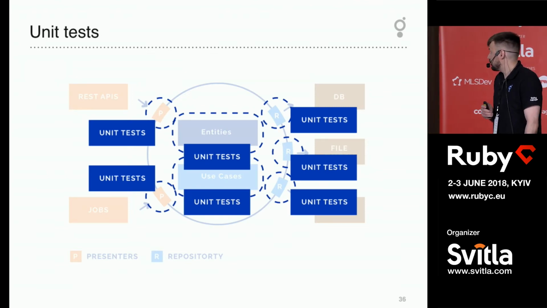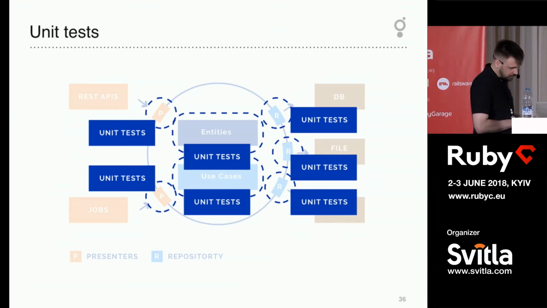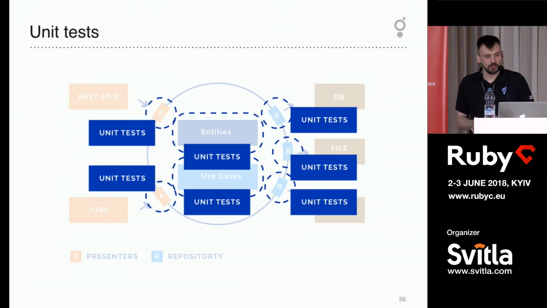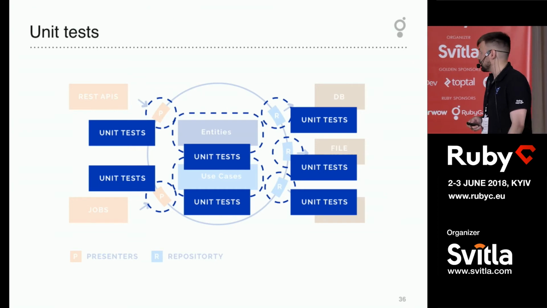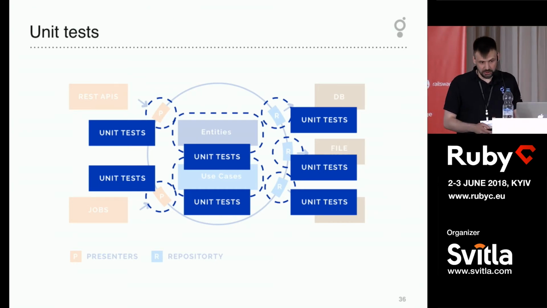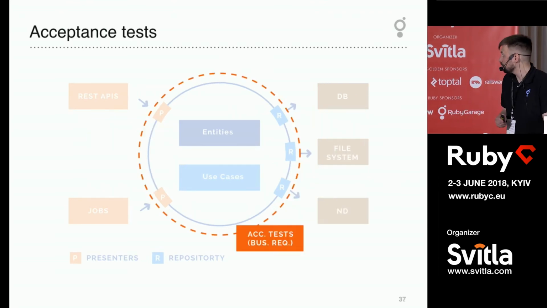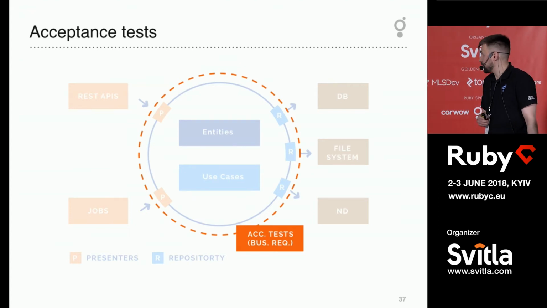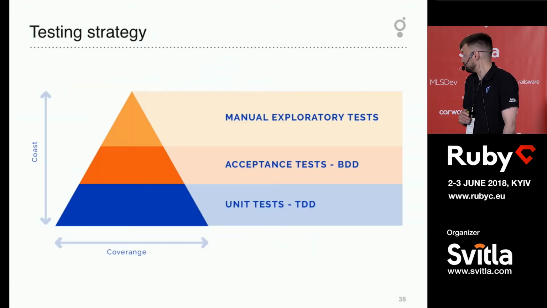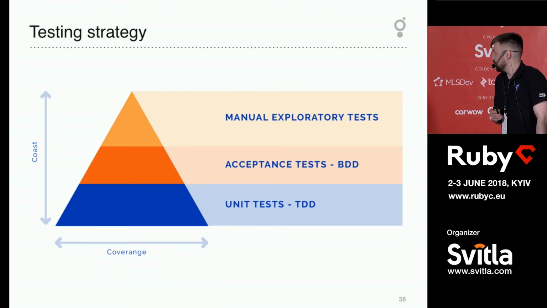If we split our application into such small pieces, our test strategy will be pretty simple to implement. We will have a lot of unit tests, some acceptance tests or functional tests, and a little bit of manual testing.